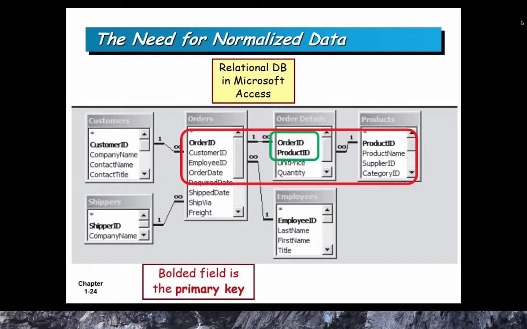Data normalization is the process of making sure the right attributes are on the correct records, and that they're on there only one time. So you want to make sure your data is in the third normal form. It's called the third normal form.